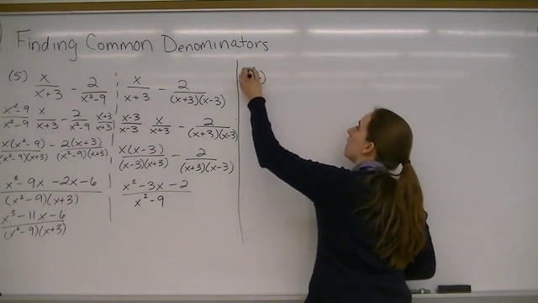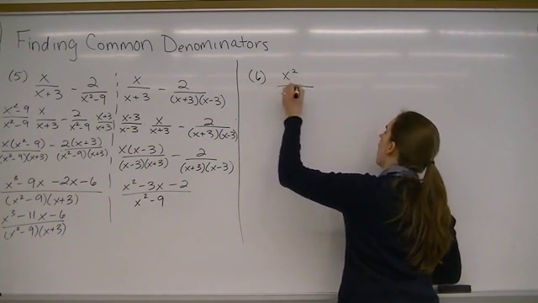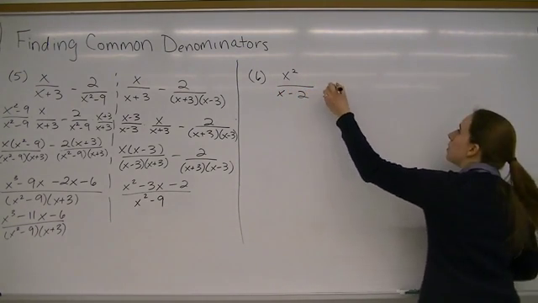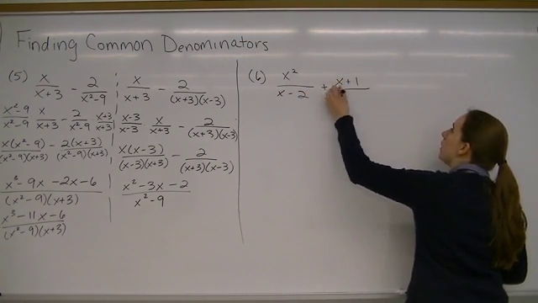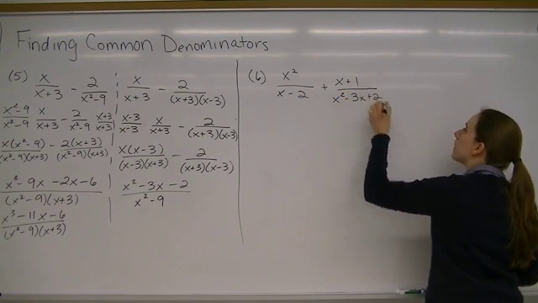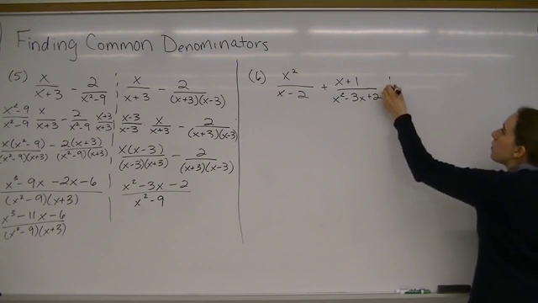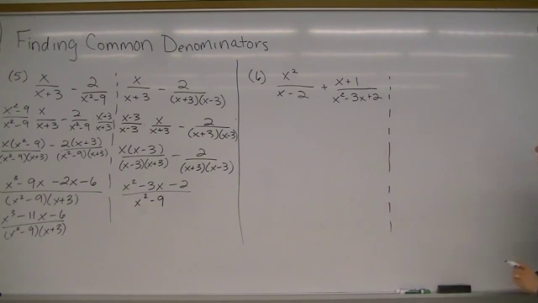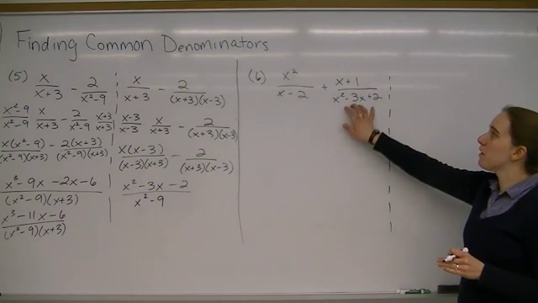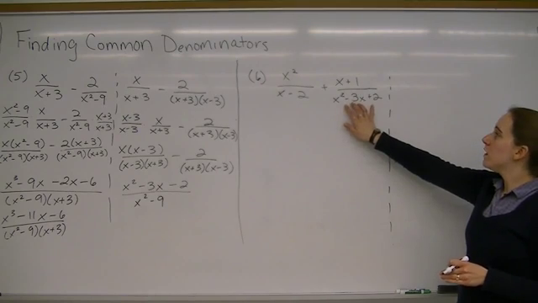Okay, one last example. Let's take x squared over x minus 2 plus x plus 1 over x squared minus 3x plus 2. So again, we'll go through and do this the quick and dirty way, and then we'll do it the least common denominator way. The quick and dirty way is going to get a little bit messy, especially because we have a 3-term denominator here.